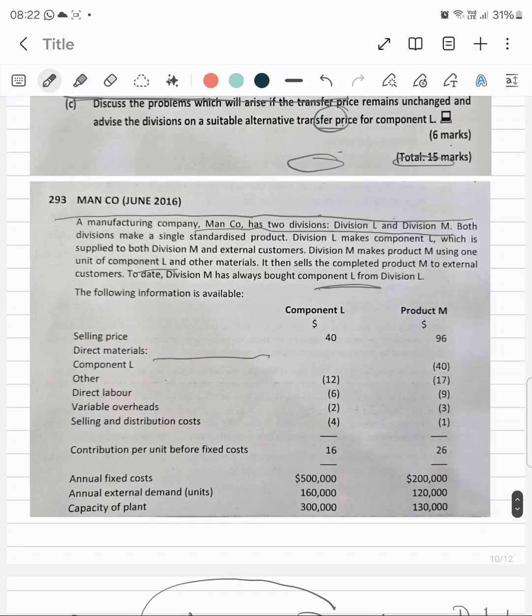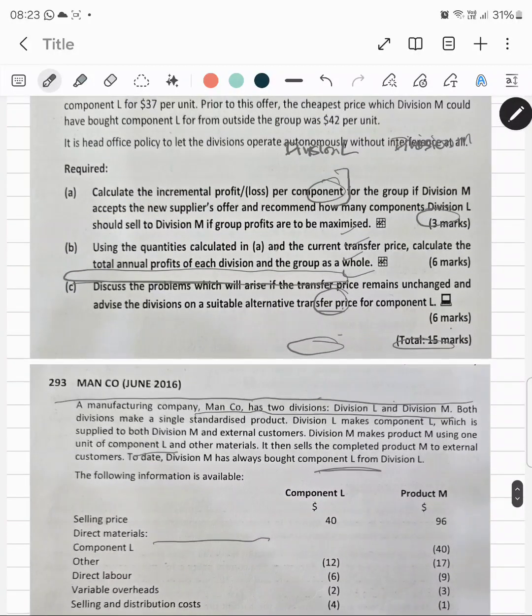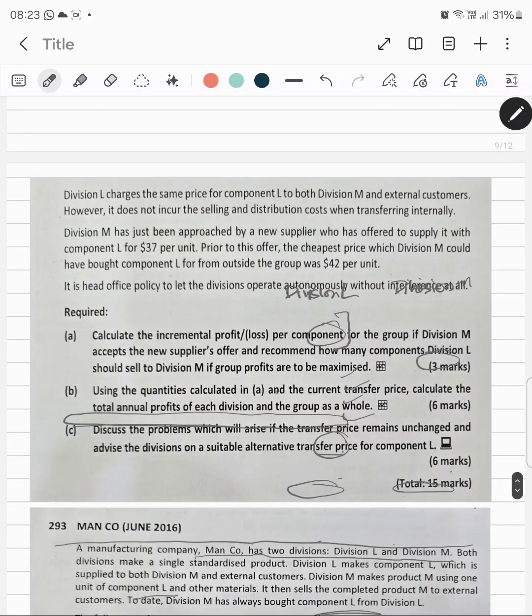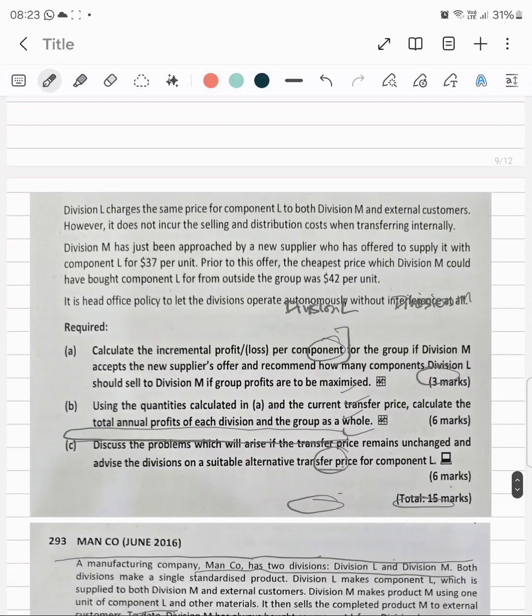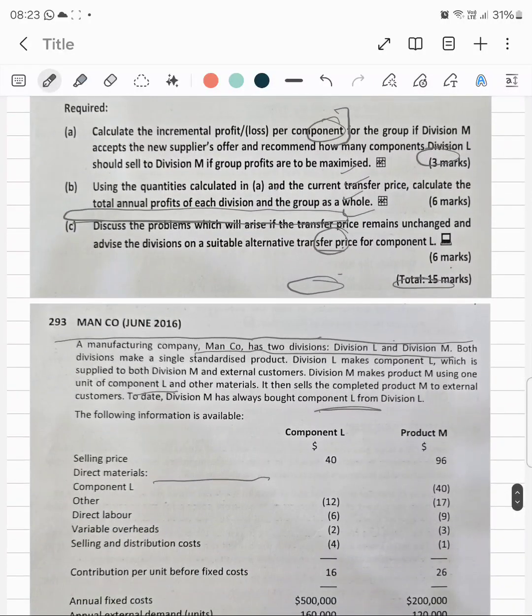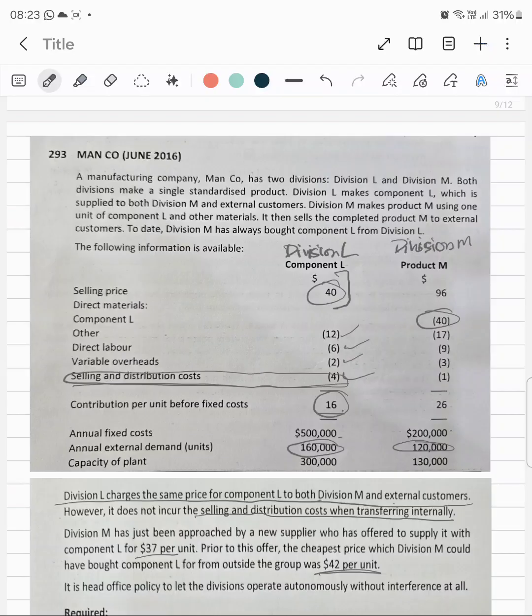I am assuming that whatever division M has transferred externally would be the internal transfer of division L, or else we can read the question once again. Division L makes component L, which is supplied to both division M and external customers.